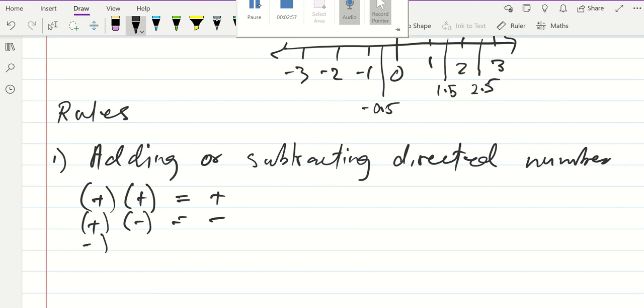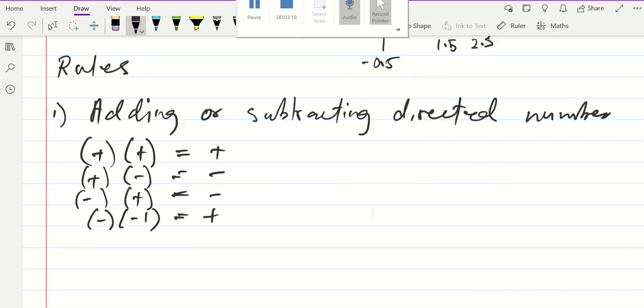And if you have a negative multiplying a positive, what you're going to get is a negative. And if you have a negative multiplying another negative, what you're going to get here is a positive. And I'm going to give you examples of these when we start doing our exercises.